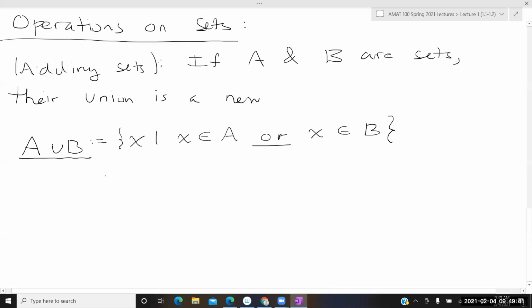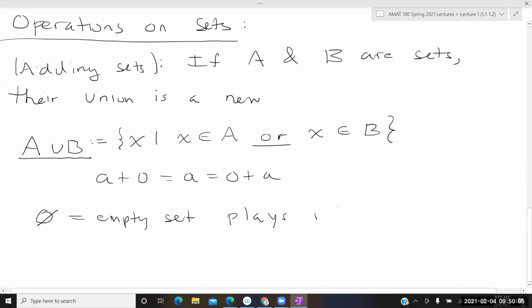So you have A plus 0 is equal to A, which is equal to 0 plus A. It just does nothing to it. And in some sense, we have this other set, which we're going to call the empty set. This plays the role of 0.